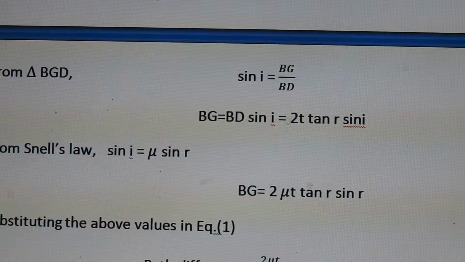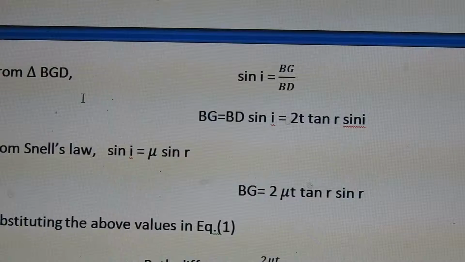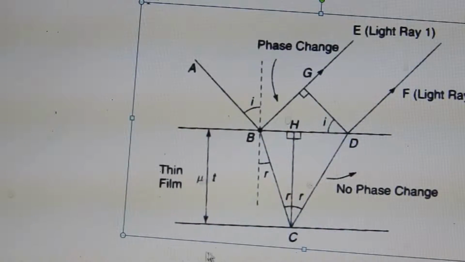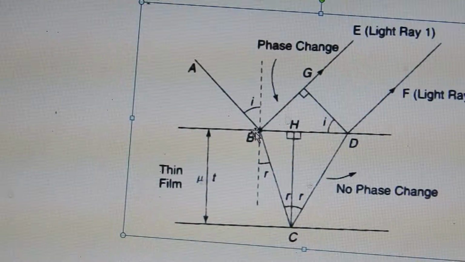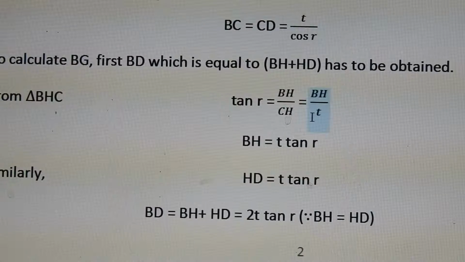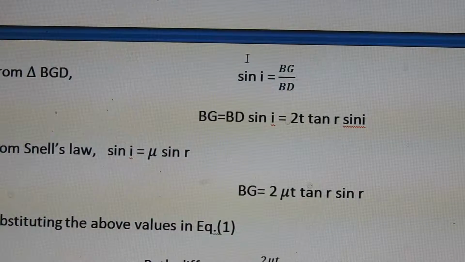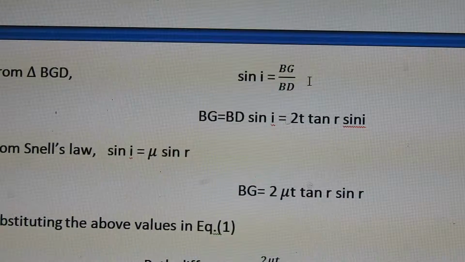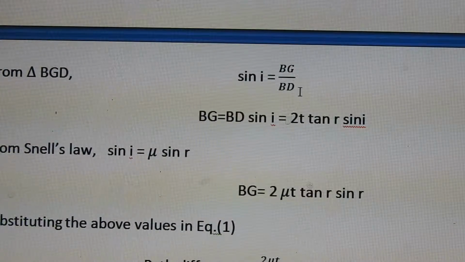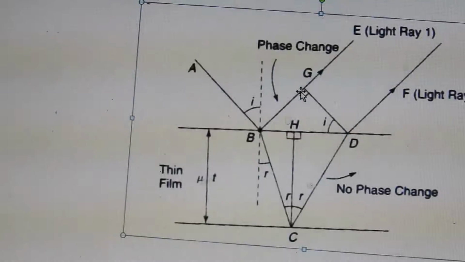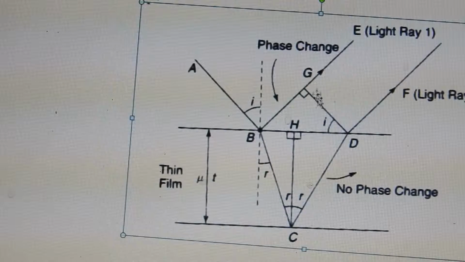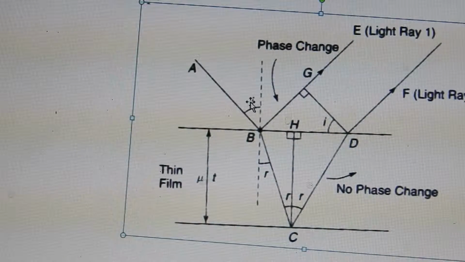The triangle is BGD. If I take this triangle, sin I is equal to BG by BD.